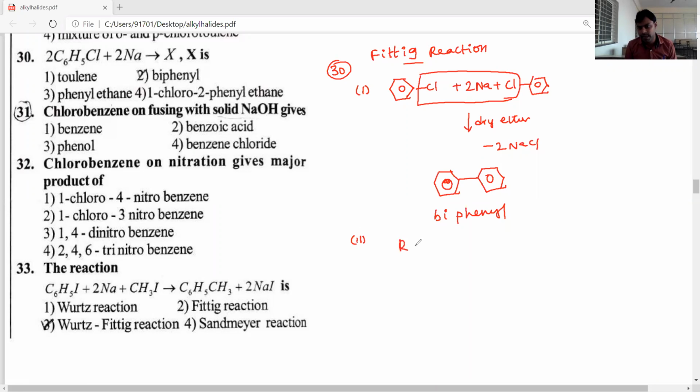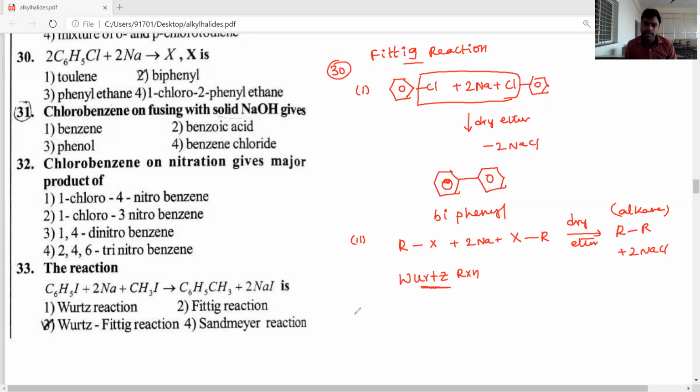For example, 2 moles of alkyl halides react with sodium metal in the presence of dry ether. What is the product? R-R plus 2NaX, means alkanes. Alkane is the product. This is known as Wurtz reaction.